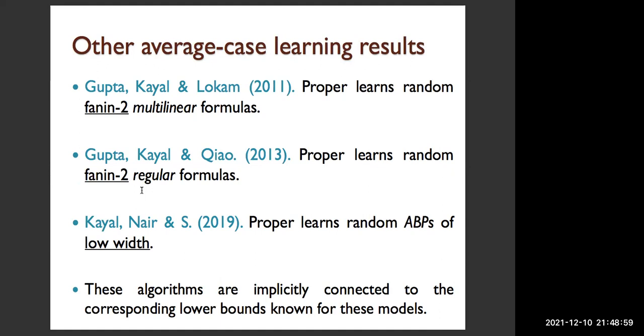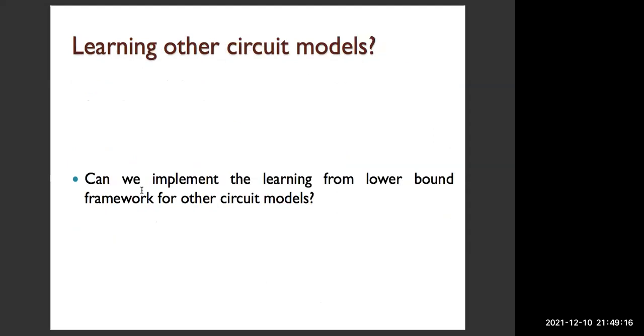Whereas vector space decomposition, by definition, doesn't care about the fan-in, as long as the fan-in is not too large. So it can decompose into component spaces and try to retrieve the terms from the spaces. So there is a chance that this strategy can help in reconstructing more powerful circuit models like constant depth set-multilinear circuits or general regular formulas. For all these models, good lower bounds are known.